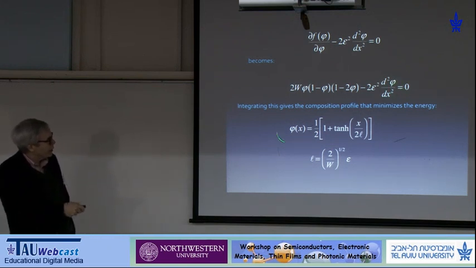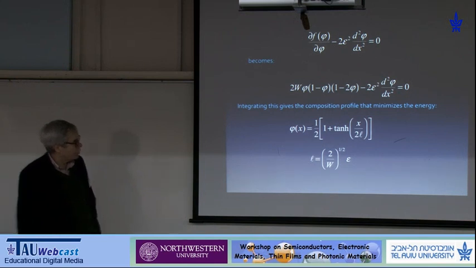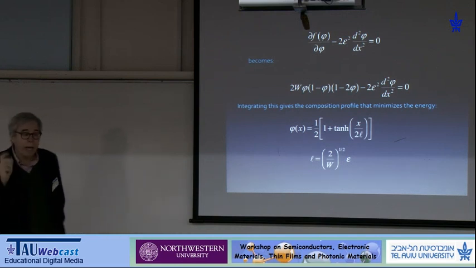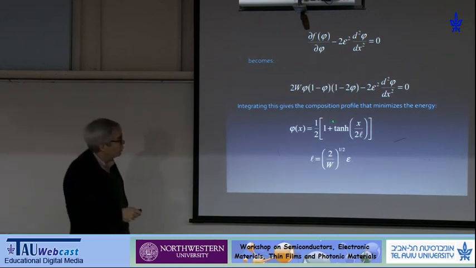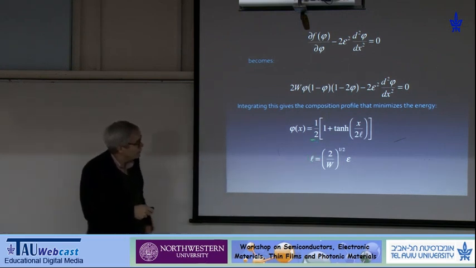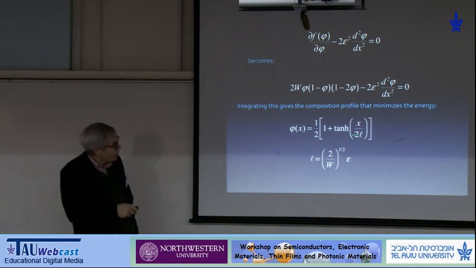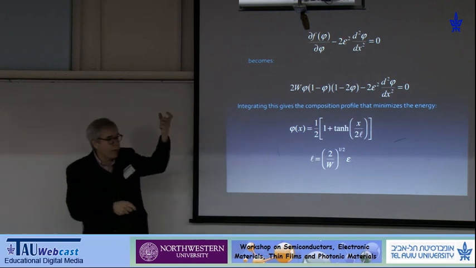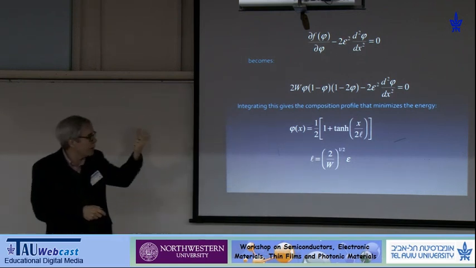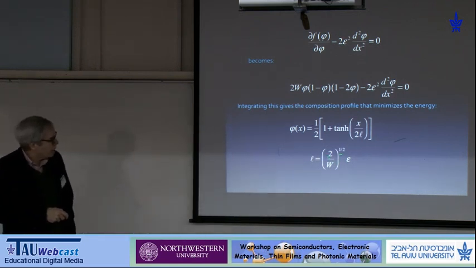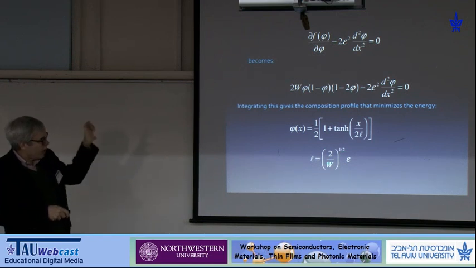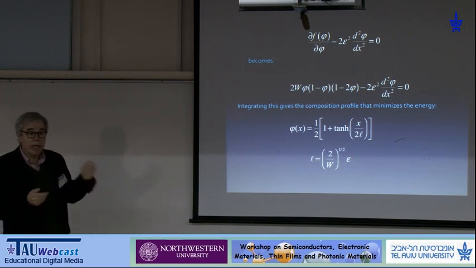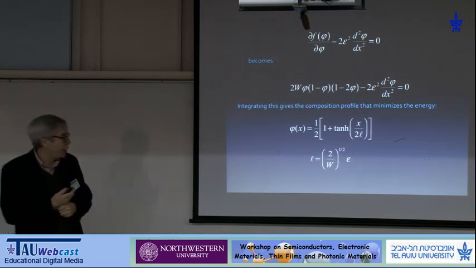You can integrate it, and lo and behold, you get a hyperbolic tangent solution. And this underlies all phase field methods. So now we have a diffuse interface that goes between the alpha and the beta phase. It's a hyperbolic tangent. And the length scale for the width of the interface, as it will become incredibly important, is given by the square root of the gradient energy coefficient divided by the height of the barrier, kind of as I hinted at the beginning is what would happen.